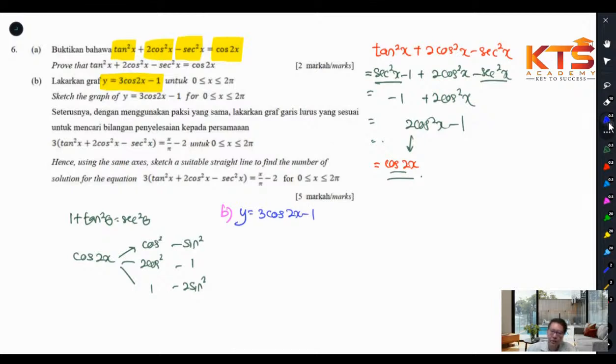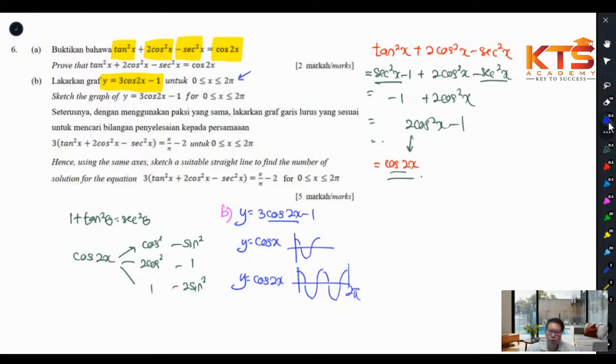The first step is y equals cos x. And then I will draw cos 2x, which is here. 1, 2. Okay, 2 cycles until 2 pi. Be careful, they ask for 2 pi, not pi.